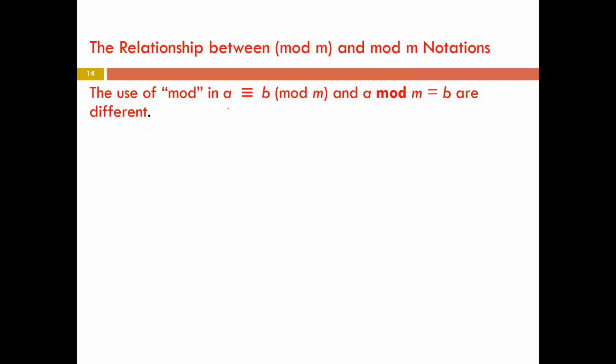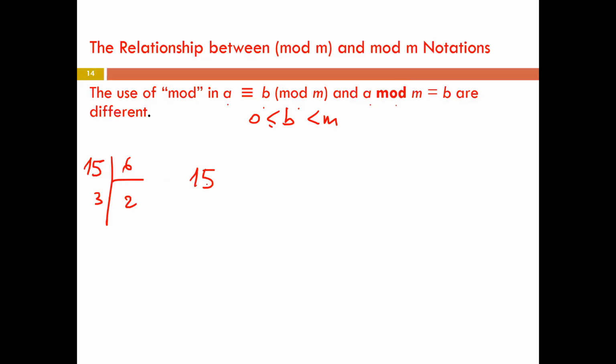Here we can say that if A is congruent to B mod M, then A mod M equals B, the remainder of the division of A by M is B, in the case, of course, when B is positive and less than M. For example, 15 divided by 6 gives 2 with remainder 3.